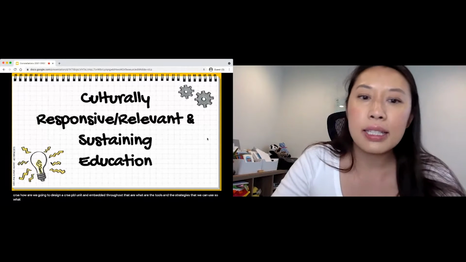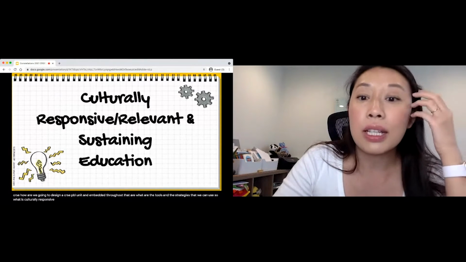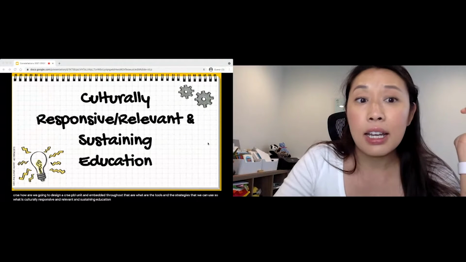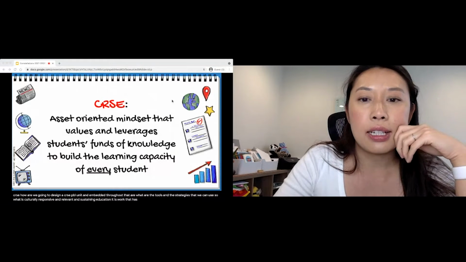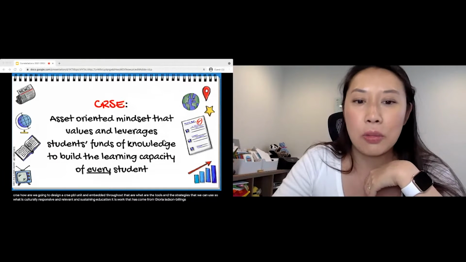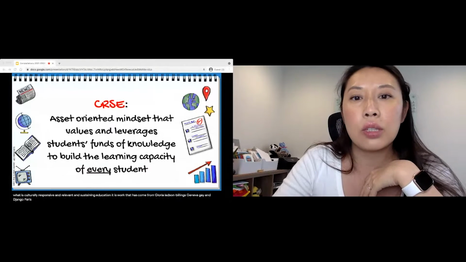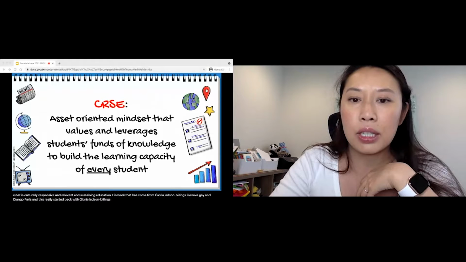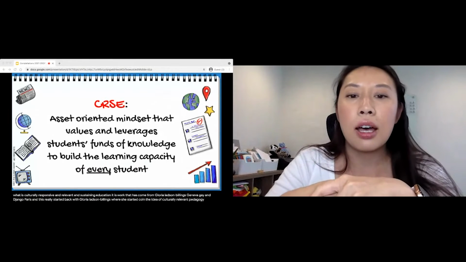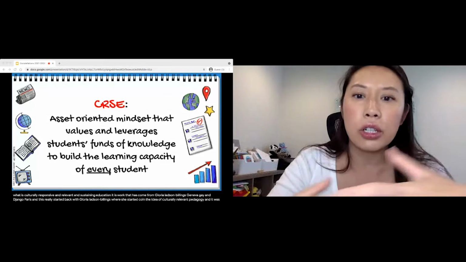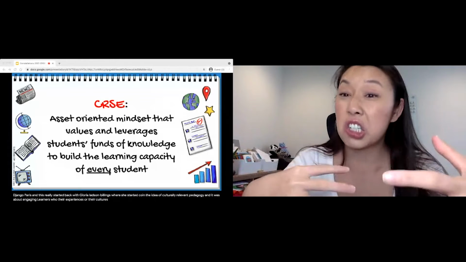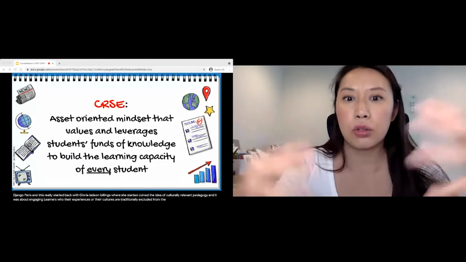So what is culturally responsive and relevant and sustaining education? It is work that has come from Gloria Ladson-Billings, Geneva Gay, and Django Paris. This really started back with Gloria Ladson-Billings, where she started coining the idea of culturally relevant pedagogy. It was about engaging learners whose experiences or cultures were traditionally excluded from the classroom or the mainstream.